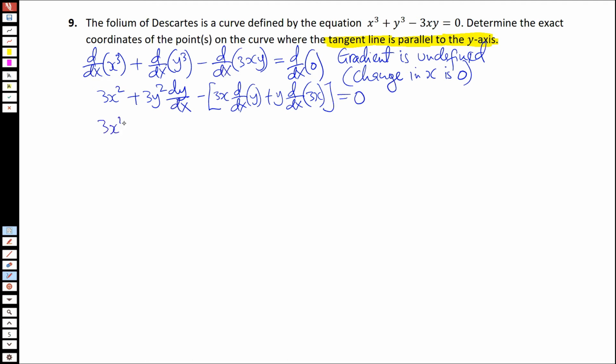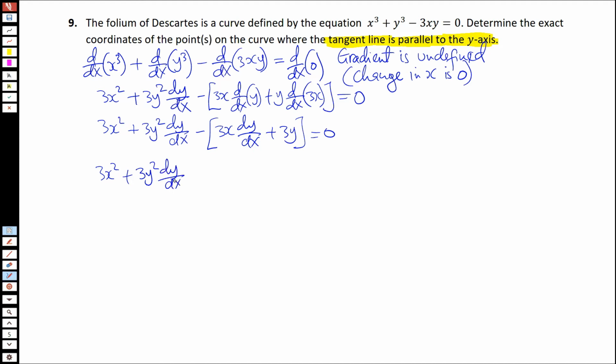So this will be 3x squared plus 3y squared dy over dx minus (3x dy over dx plus 3y) equals 0. If I remove these brackets here, I'll have 3x squared plus 3y squared dy over dx minus 3x dy over dx minus 3y equals 0.